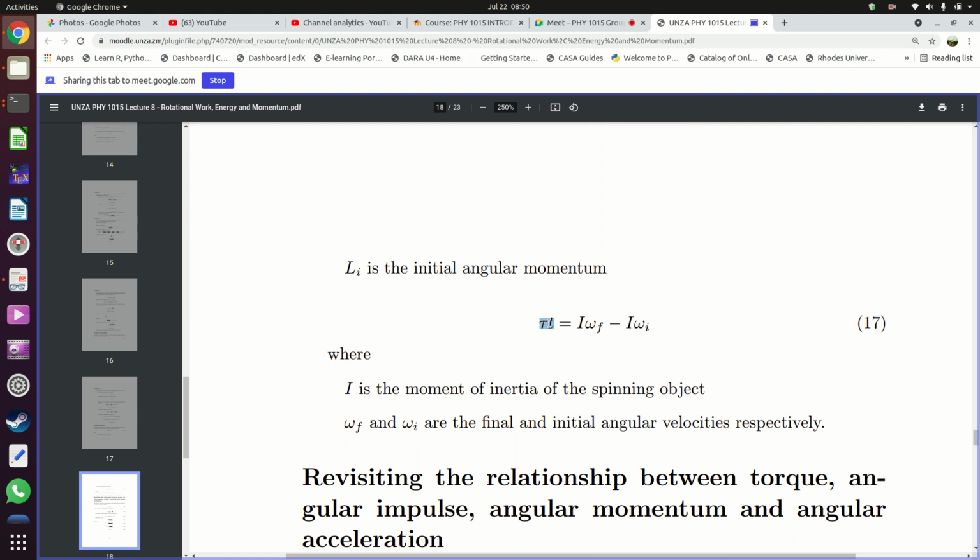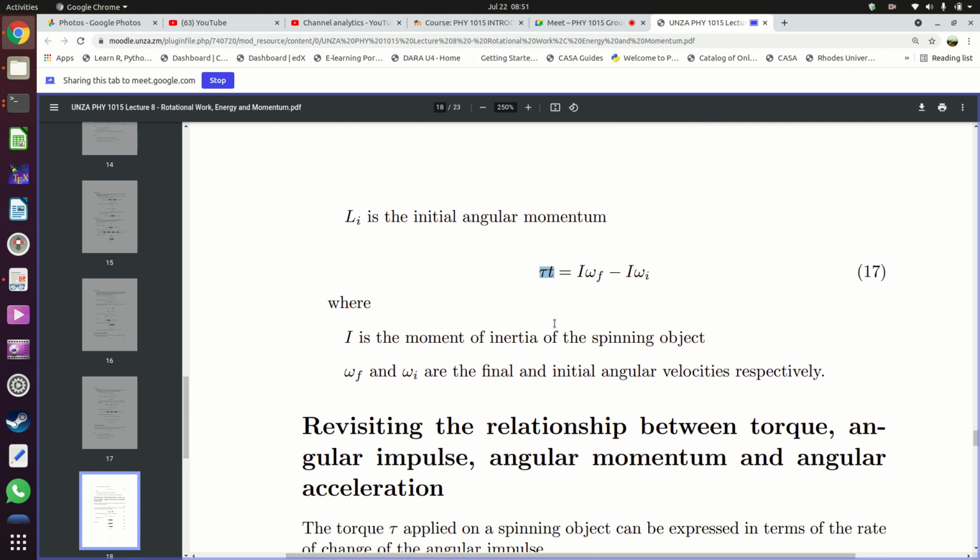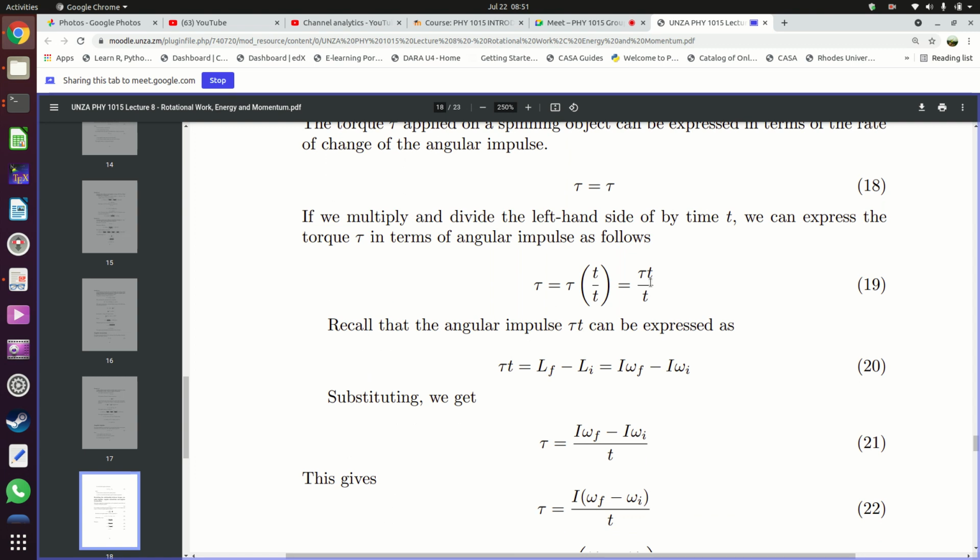Our angular impulse is equal to the final angular momentum minus the initial angular momentum, which is also equal to moment of inertia I multiplied by omega f minus moment of inertia I multiplied by omega i. So for this expression, you replace it with this.